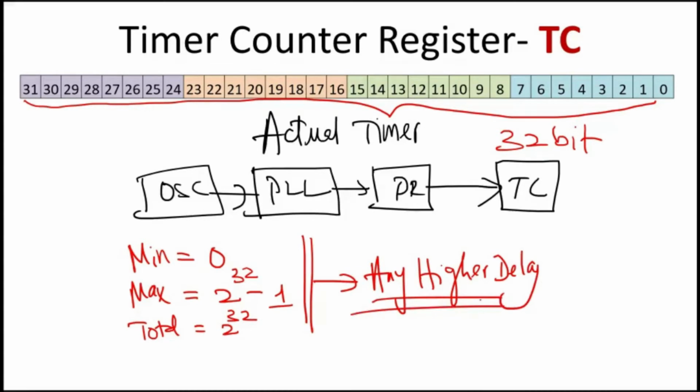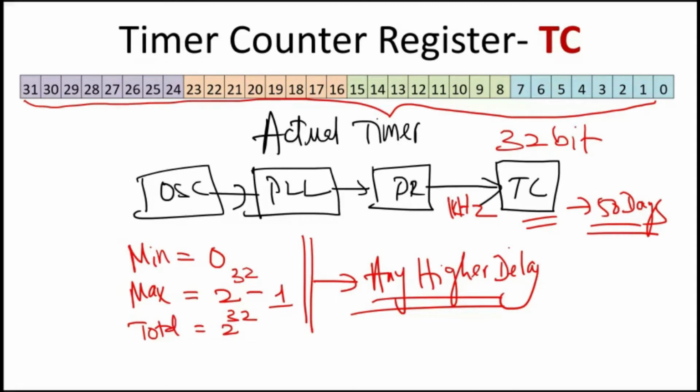As I told you, we have roughly calculated that if the timer clock happens to be 1 kilohertz, the timer counter takes roughly 50 days to overflow. How do you get that number?